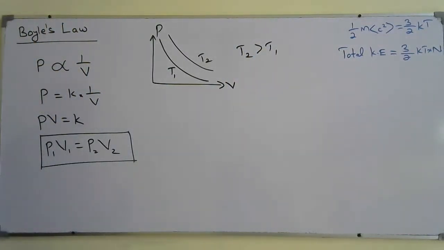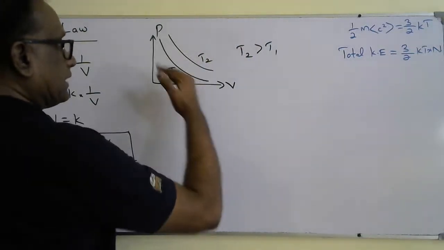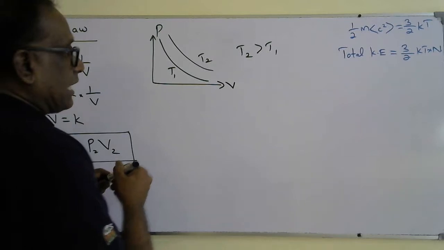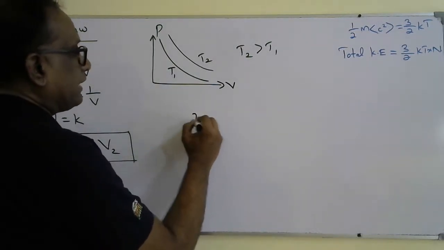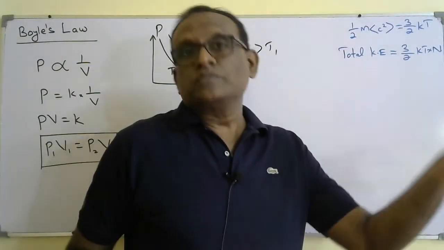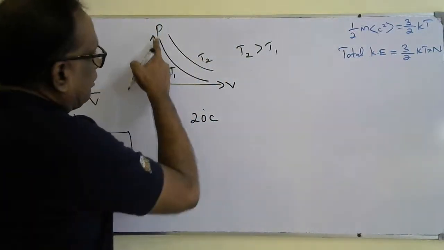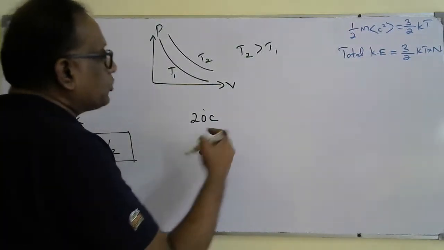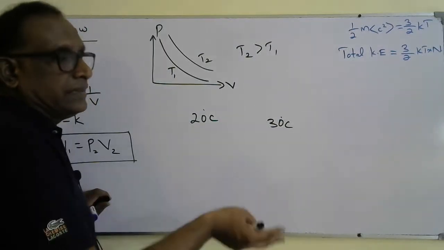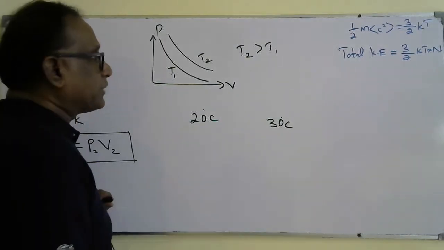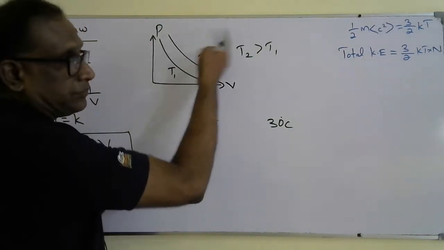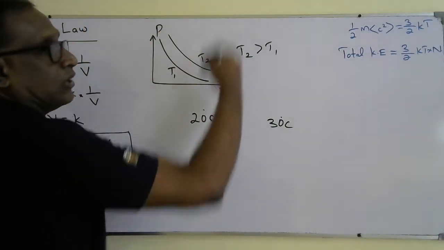For example, the first graph we plot at 20 degrees Celsius, measuring different pressures and the corresponding volumes. Then you do the same practical at 30 degrees Celsius, a higher temperature, again measuring the corresponding pressure for different volumes. When you plot the graph, it will have the same hyperbolic shape, but it will be further away from the axes.